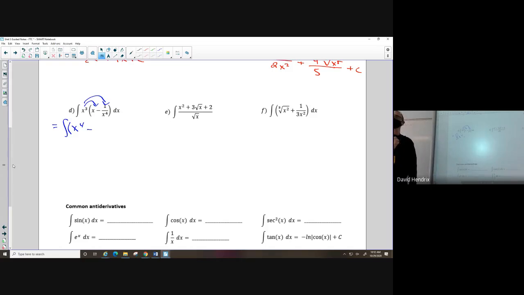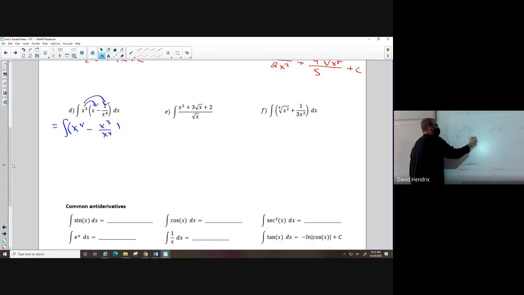I'll go ahead and write it out since I see that I've confused people. Here we go. We're distributing it. And then this would end up being x to the 4th minus 1 over x.